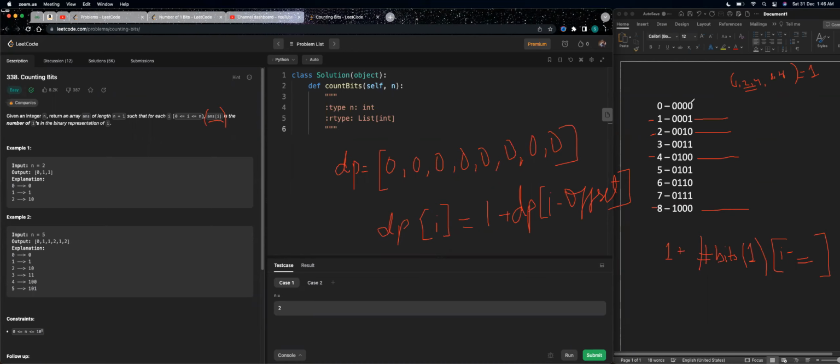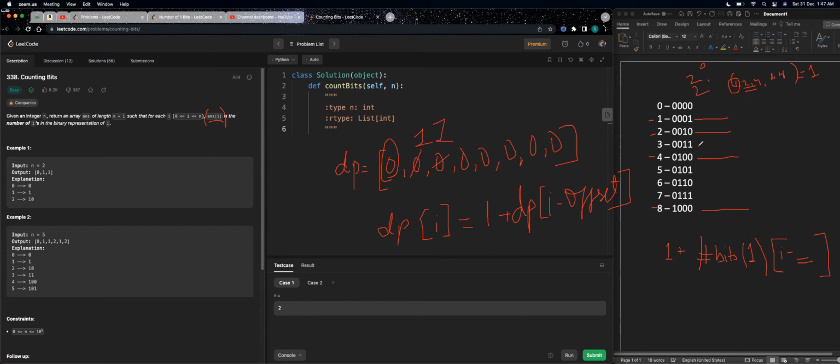When we start traversing our dp, we know that for 0, we will only have 0 bits of 1. Moving on to the next integer, 1, we know that 1 is 2 to the power 0, so we would have 1 bit. For 2, as we know it's 2 to the power 1, it would have a single 1 bit.